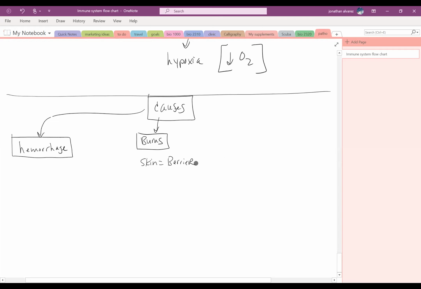It keeps the bad stuff out of your body and keeps the good stuff in, right? So burn victims lose the ability to retain fluid. They can lose a lot of fluid if the burns become too significant. And I'm not talking about you burned your finger on a little candle. These are usually a great percentage of the body with burns. Okay, another one could be prolonged vomiting.